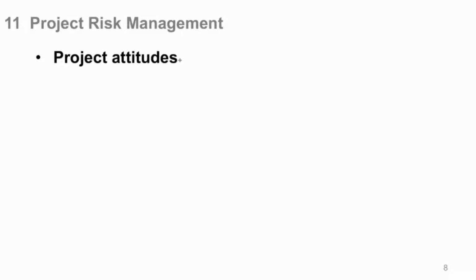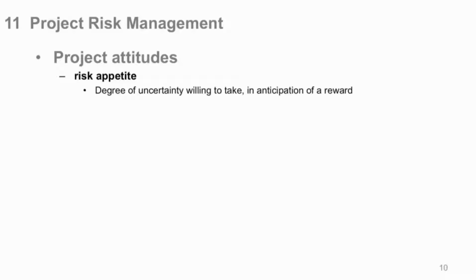Project attitudes have a lot to do with risk. There are 3 terms in the PMBOK lexicon you need to understand: risk appetite, risk tolerance, and risk threshold. What are these? Well, the risk appetite, and we're talking about in general, this could be your organization, but more particular to our concern is our stakeholders' attitude toward risk, because that has a big bearing on how we're going to properly and effectively execute our project.